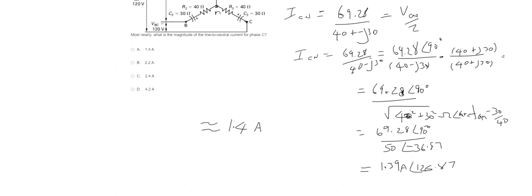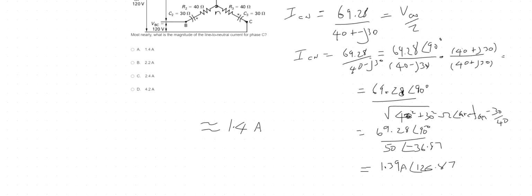And then the arctan, where did you get that other angle from? The arctan of minus 30, the Q over P, the imaginary over the real, right? That's how it is. You gotta do arctan of Y over X, based on that power triangle.